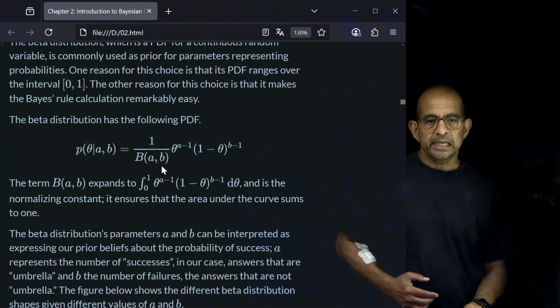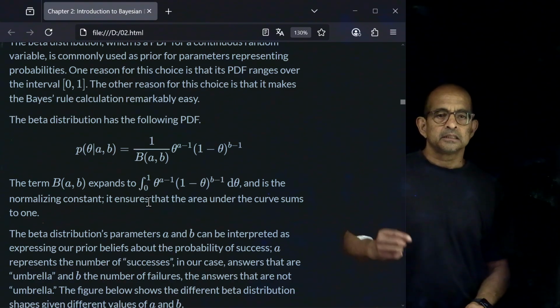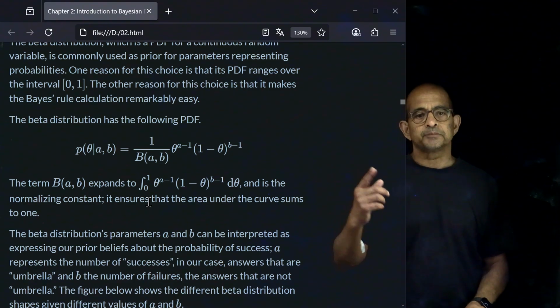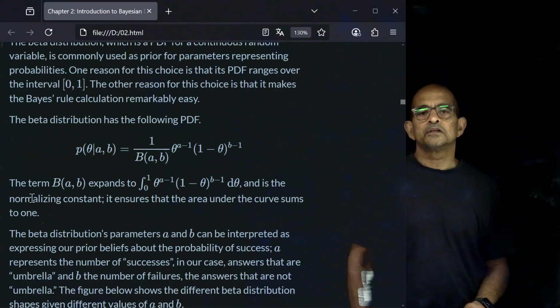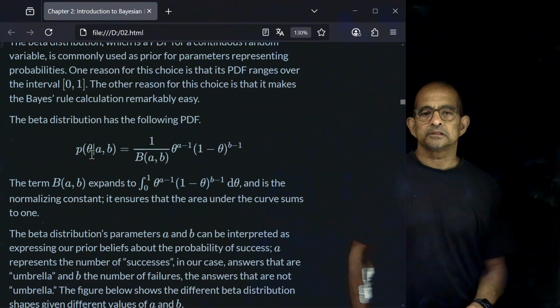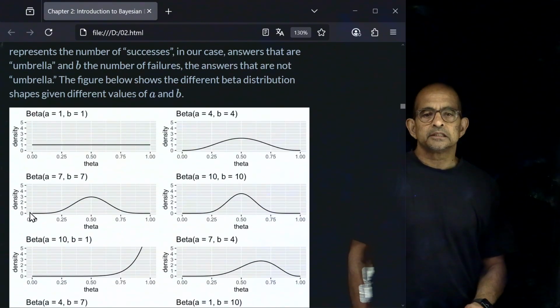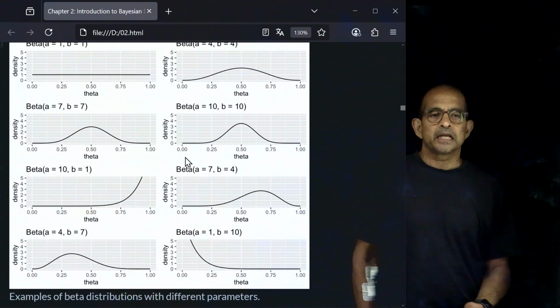The B(A,B) section that you're seeing here is just the integral of the kernel, as I discussed in chapter 1, that makes sure that the area under the curve sums up to 1. Okay, normalizing constant.